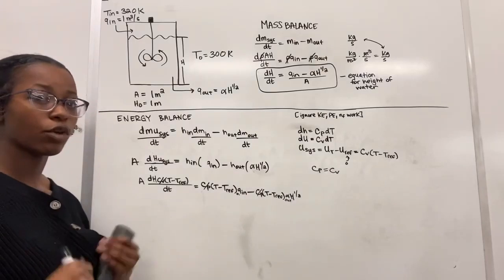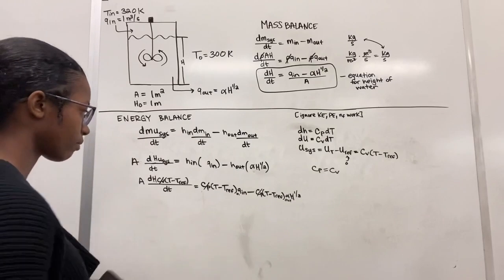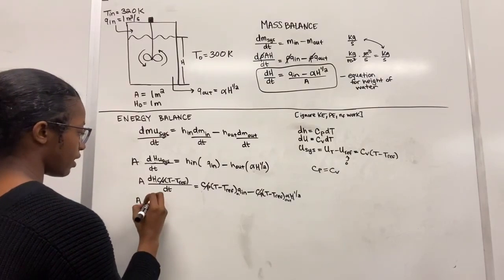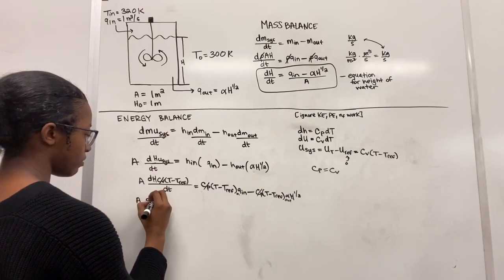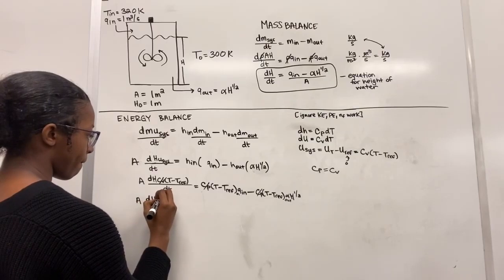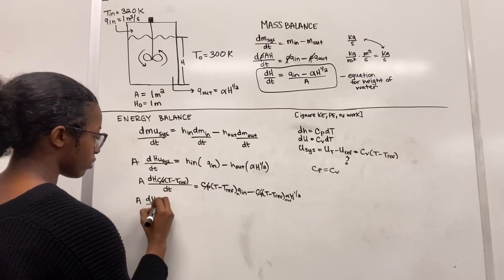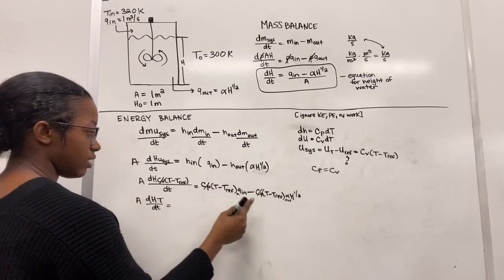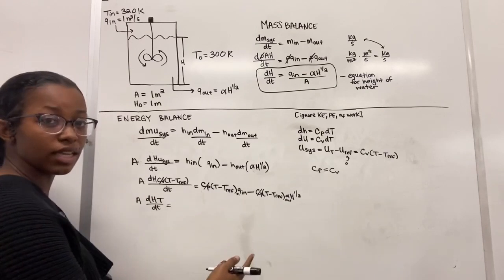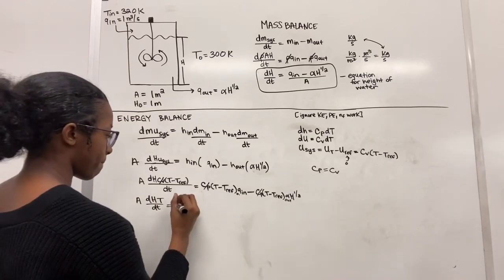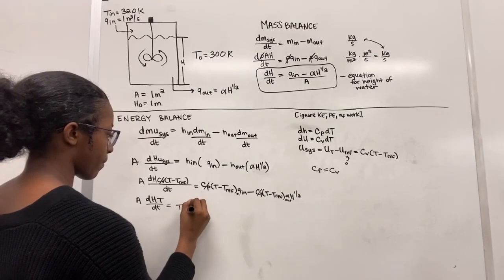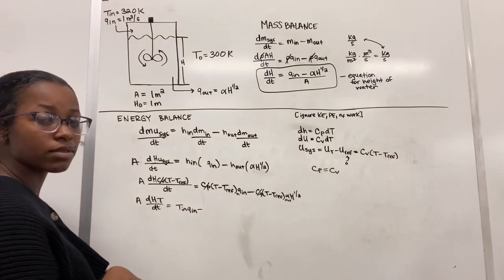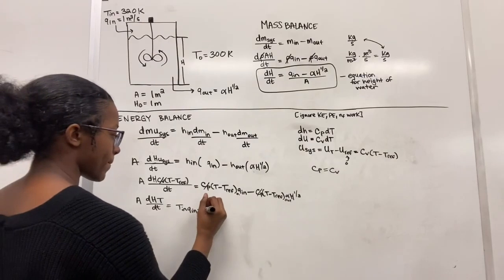So we can just write T. And so we can rewrite this as A times the change in height times the temperature with respect to time is equal to Tn, or the temperature coming in, times the flow rate coming in, minus the temperature going out times the flow rate going out.